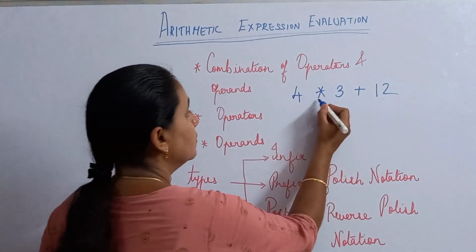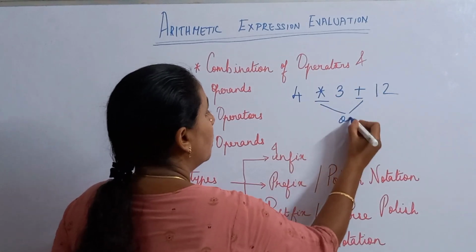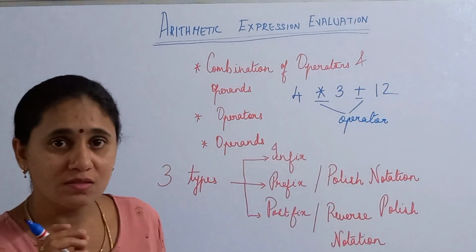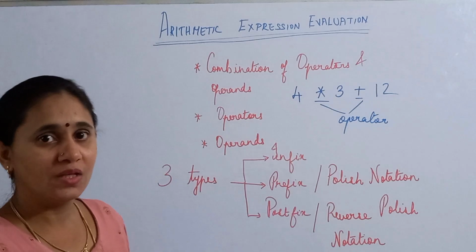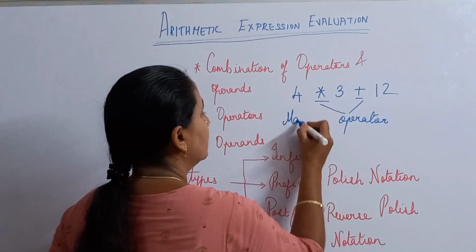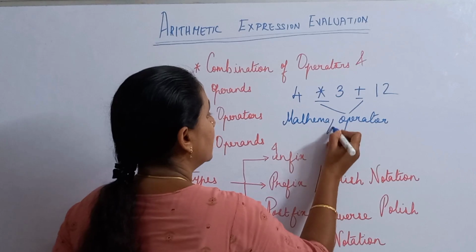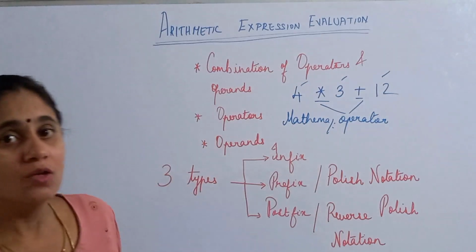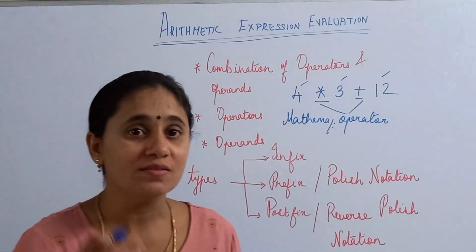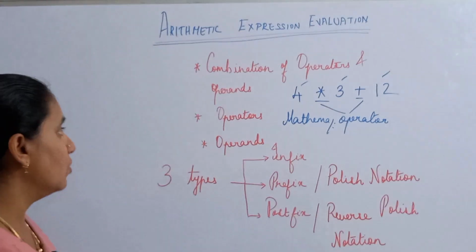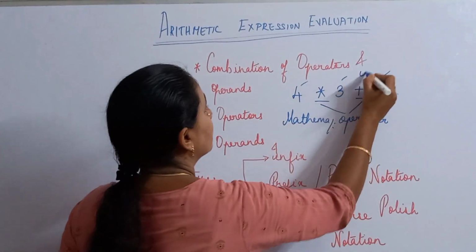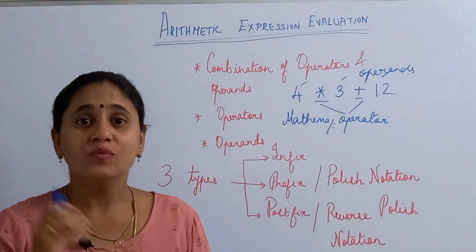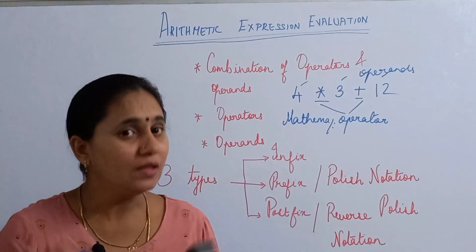This is an operator, a mathematical operator, isn't it? Now what are 4, 3 and 12? They are nothing but operands. These are the operands involved in the mathematical evaluation.